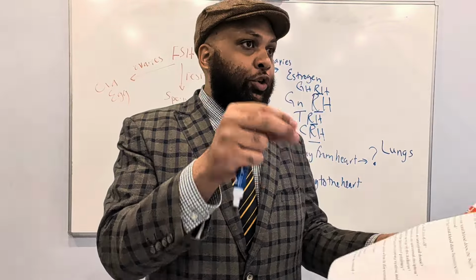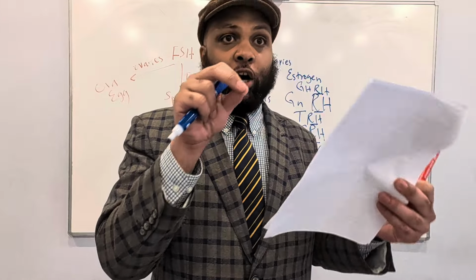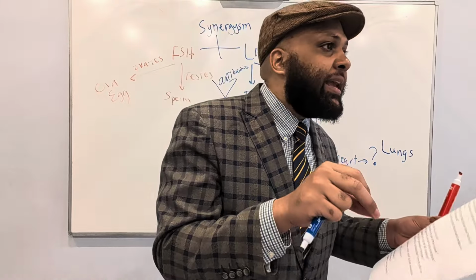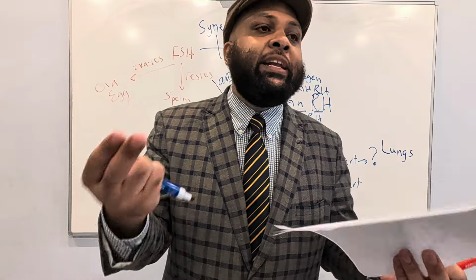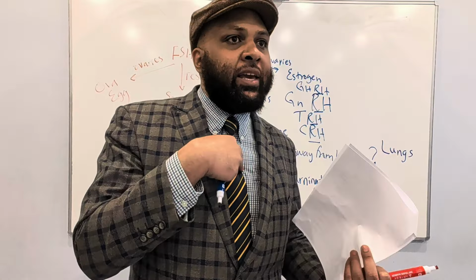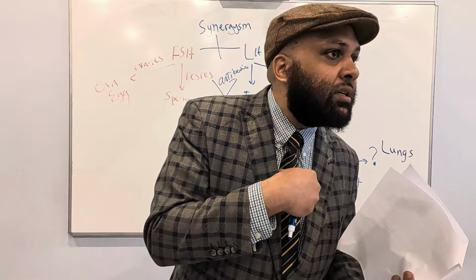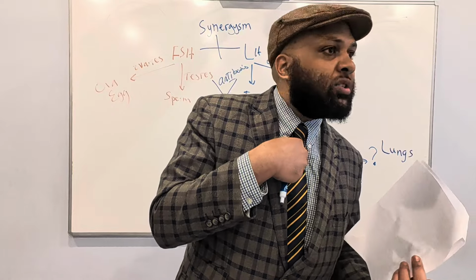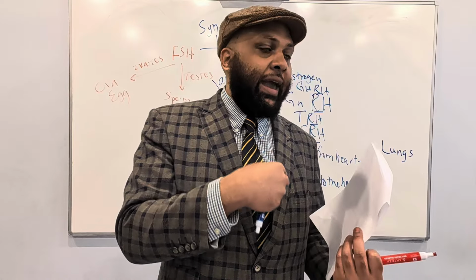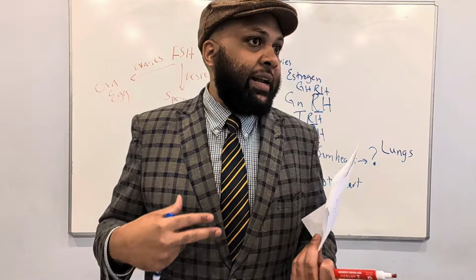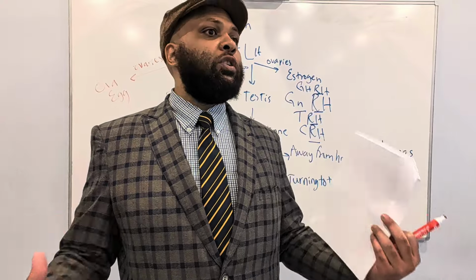Why is it a universal recipient? Because it does not have any antibodies against the antigens. I am AB, so I would never have an antibody against A because I have it too. I'm going to kill my own self. So I don't have an antibody against A. I don't have an antibody against B. So I'm a universal recipient.